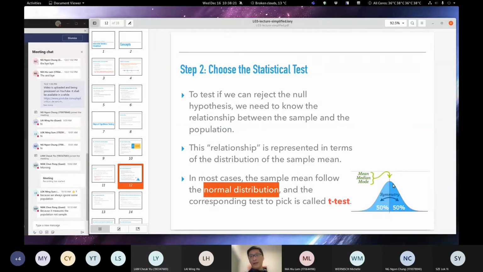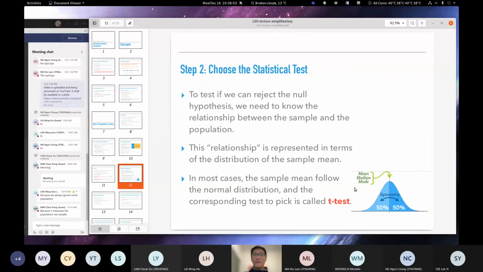But the further away you are from the mean, the smaller the probability is, okay? And when you are very far away from the mean, the probability is very small. But overall, we assume that the distribution is symmetric. It means that about 50% of all the data are on the right-hand side of the mean, and another 50% are on the left-hand side of the mean, and the shape will look like this. This is what we call the normal distribution.